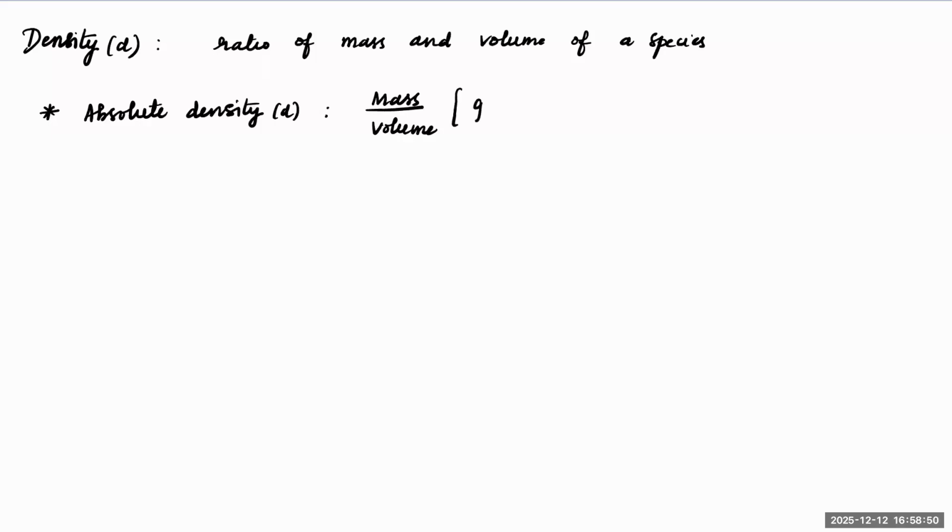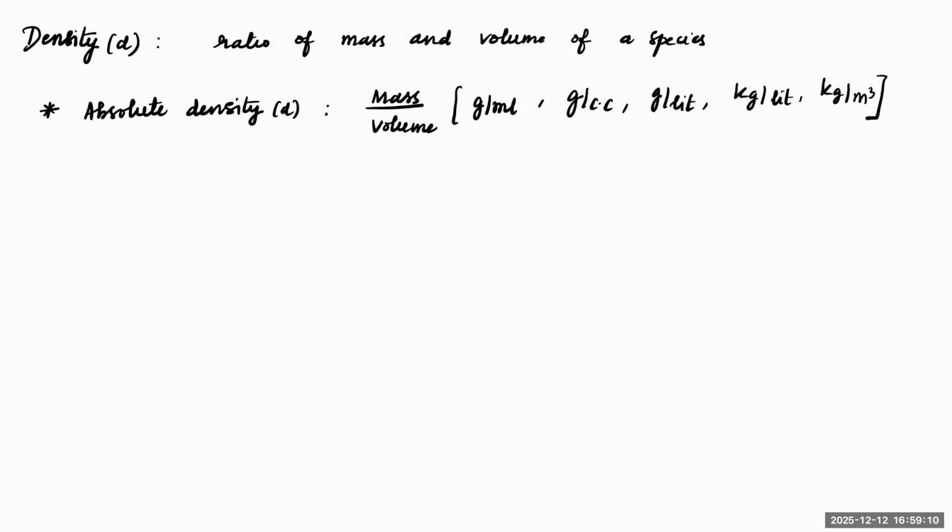The units, however, are gram per ml or gram per cc or gram per liter or kg. You can write it as kg per liter or kg per meter cube. These are all the terms which we will be using.